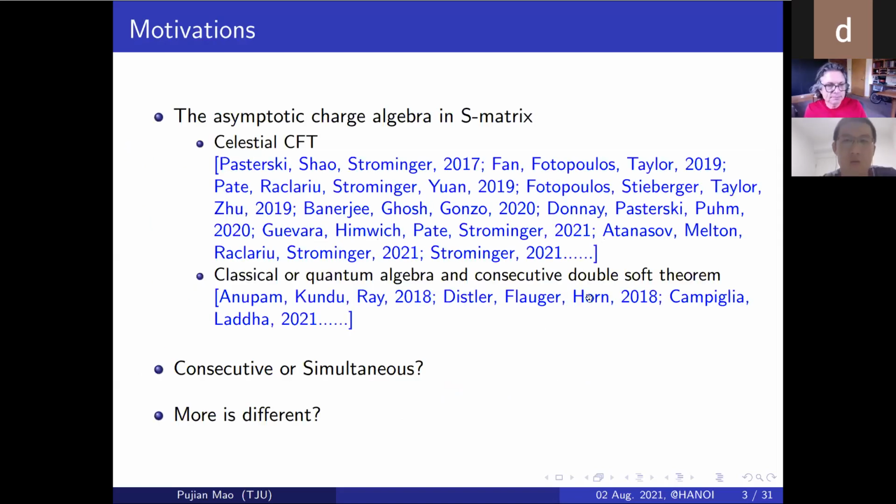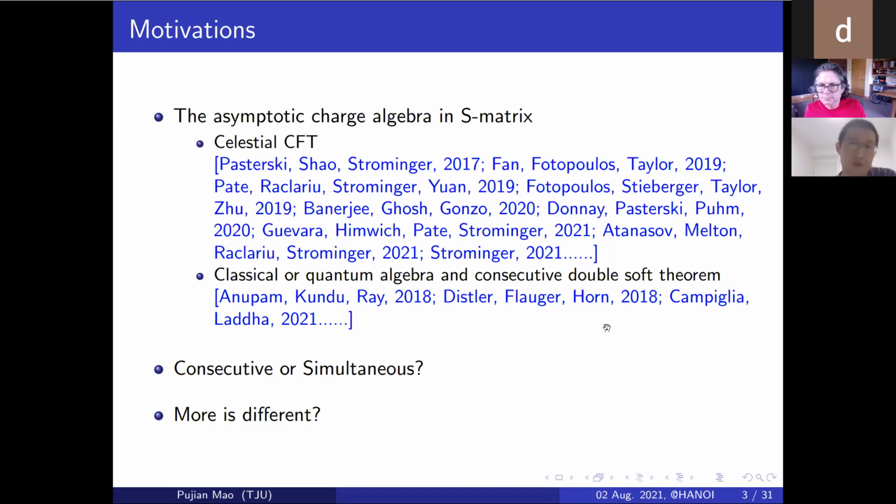Well, the motivations are basically the connection between soft theorems and asymptotic symmetry. Once you have this symmetry, you should have the symmetry algebra, and you need to check it in the context of the triangle relation.